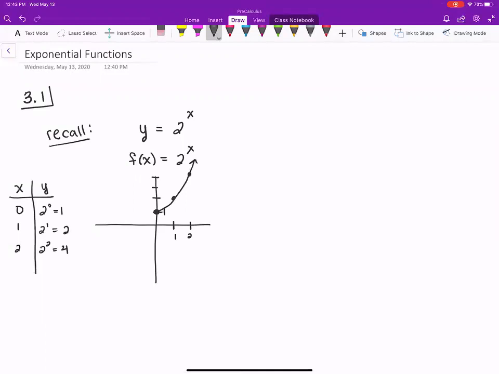And then if I were to plug in negative numbers, like -1, I would have 2 to the negative first power, which is 1 over 2 to the first power, which is a half. If I plugged in -2, that would be 2 to the -2, which is 1 over 2 to the positive 2, which is 1/4.